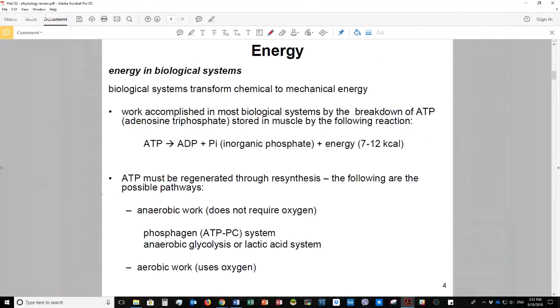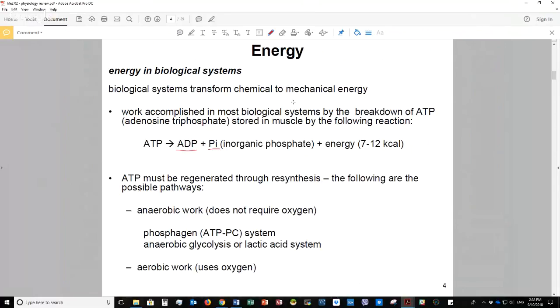All right, so most energy is consumed in biological systems with ATP being broken down from its 3-phosphate form down to 2 phosphate molecules and then a single inorganic phosphate molecule.